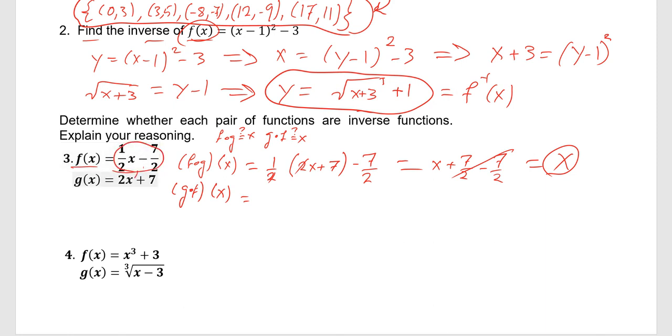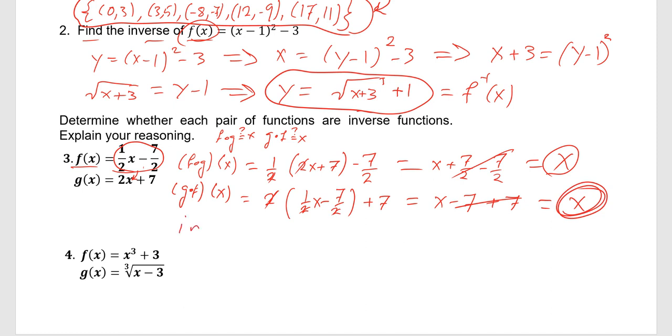And then g of f of x equals, now take f of x and plug it in for all x's in g of x, right? So that gives us 2 times (1/2 x minus 7/2) plus 7 equals, 2 cancels with 2 and 2 cancels with 2. So we get x minus 7 from the parentheses and then plus 7, which is equal to x.